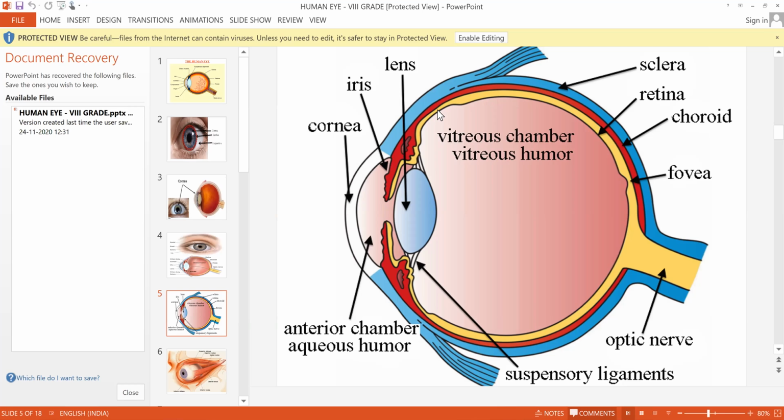It makes the retina appear black. One more important point is that it supplies nutrients to the cells. Okay. The next part which you have to learn is about 1 minute.